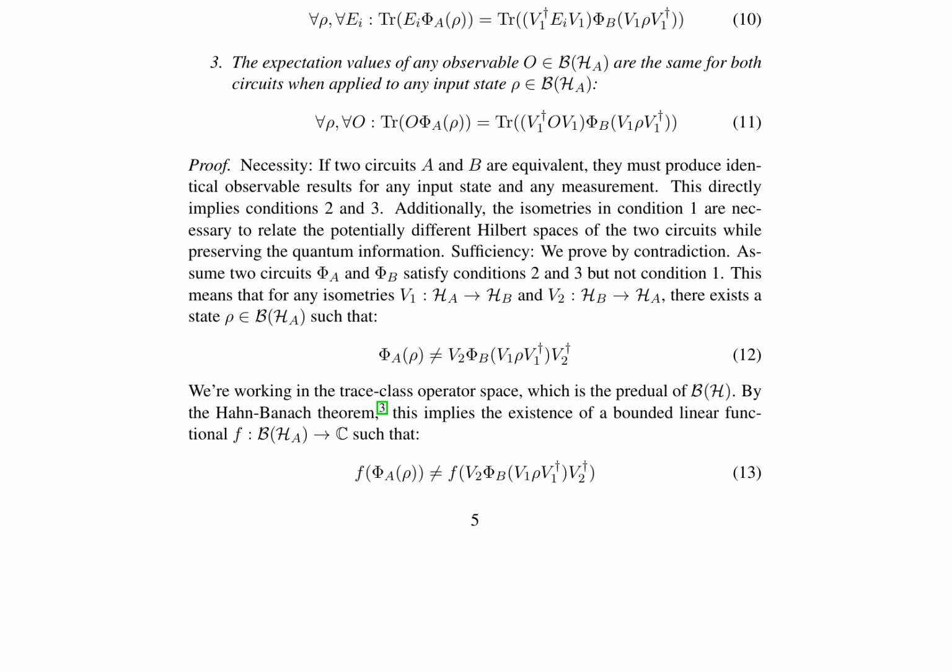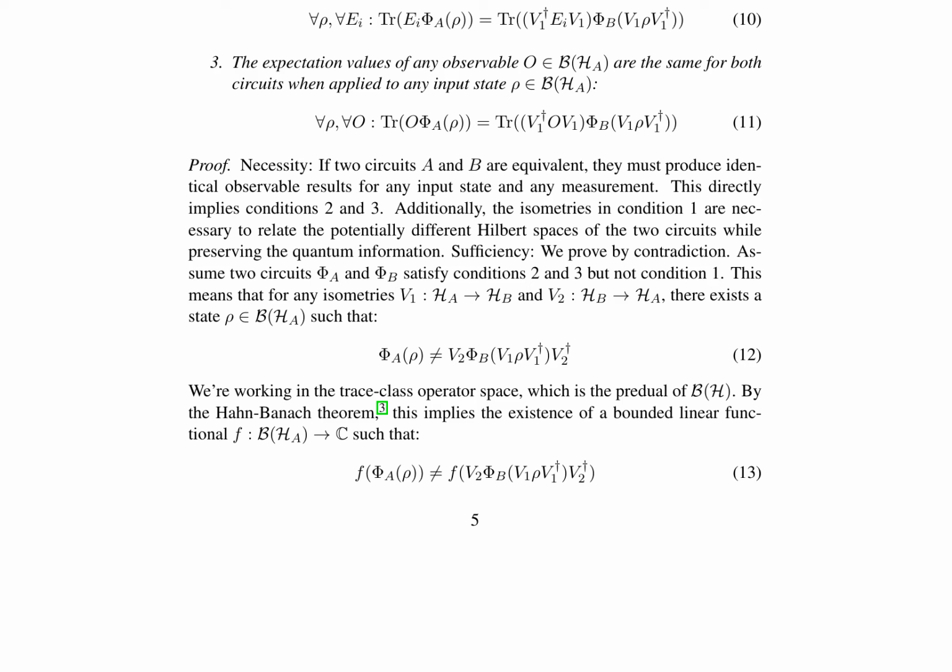The sufficiency is proven by contradiction, assuming two circuits satisfy conditions 2 and 3 but not condition 1, and showing that this leads to a contradiction. The Hahn-Banach theorem is used to establish the existence of a bounded linear functional f such that f, phi A, ρ, does not equal f, V2 phi B, V1 ρ V1, V2, as shown in equation 13.